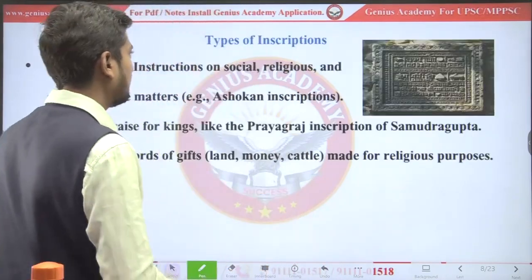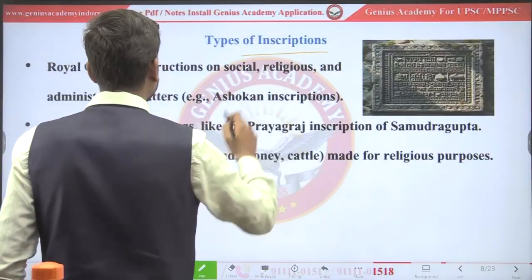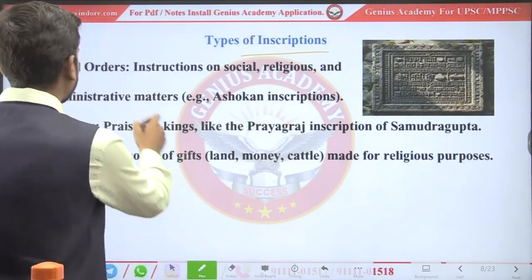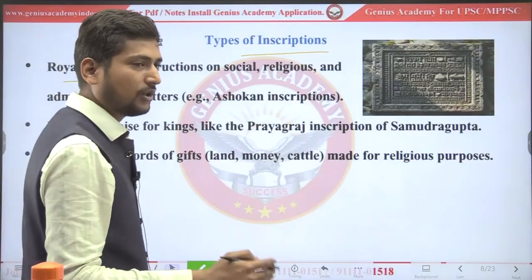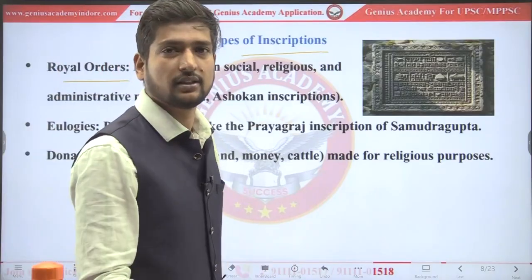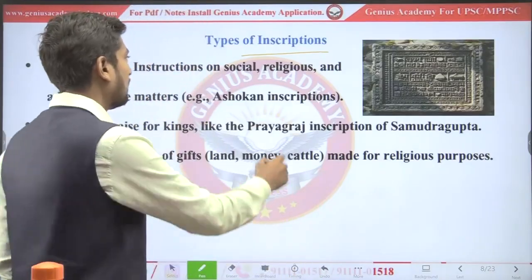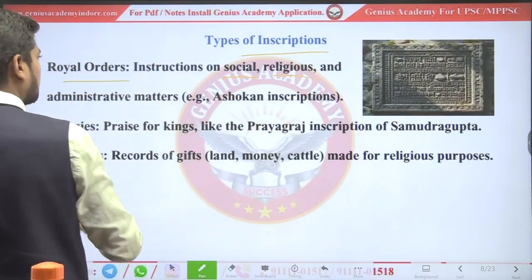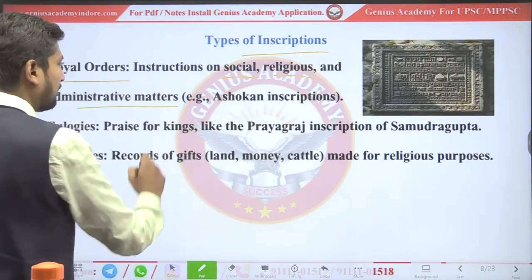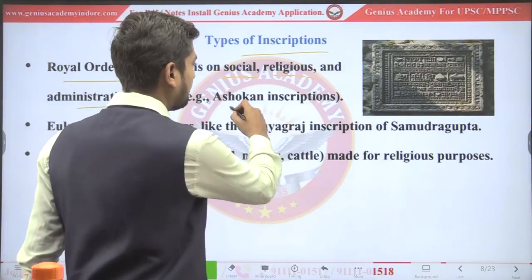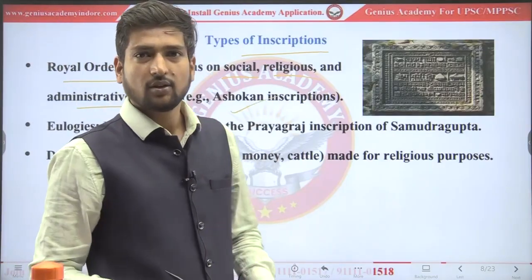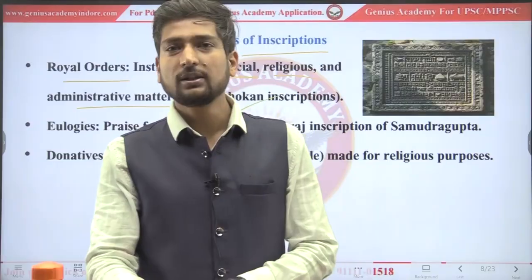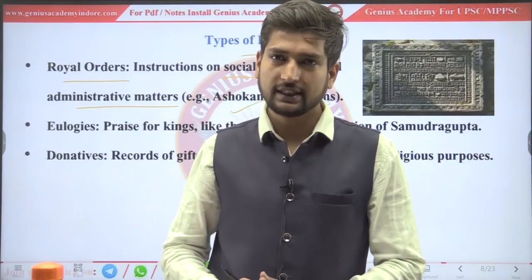Let's look at the next remains. Types of inscription. How many types? Royal order. When any king orders something, royal order, about social, religious and administrative matters. Just as we have seen Ashoka's inscription. On that inscription, he wrote about how people have to live together.